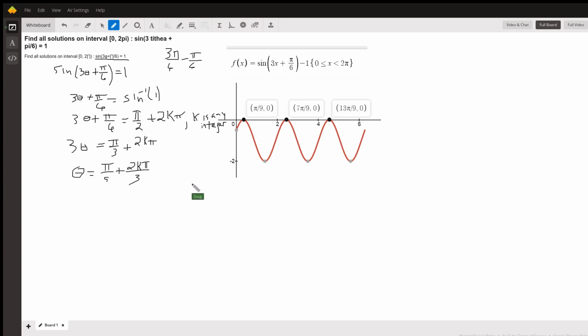Now what I want to do is let k equal 0, k equal 1, k equal 2, and I want to keep going until the answer that I get is past 2 pi.